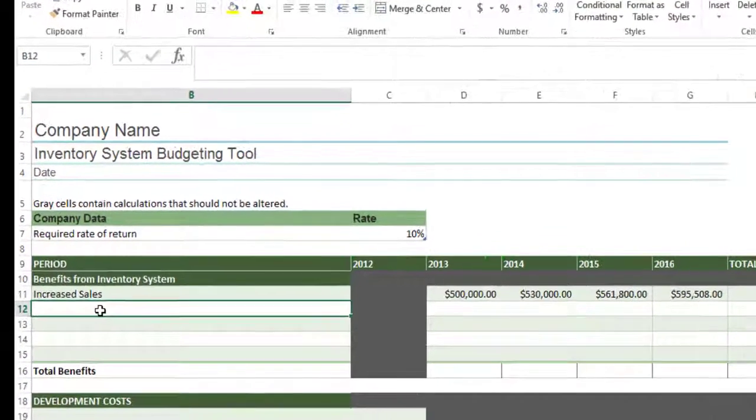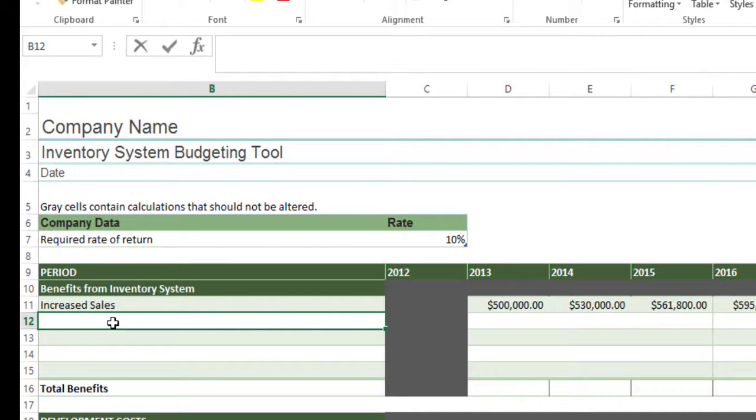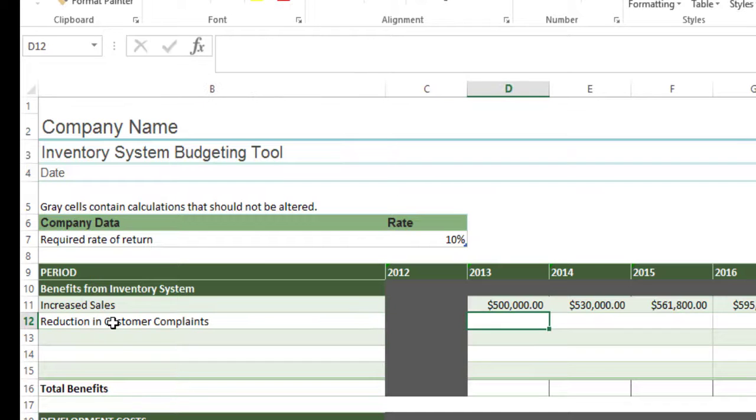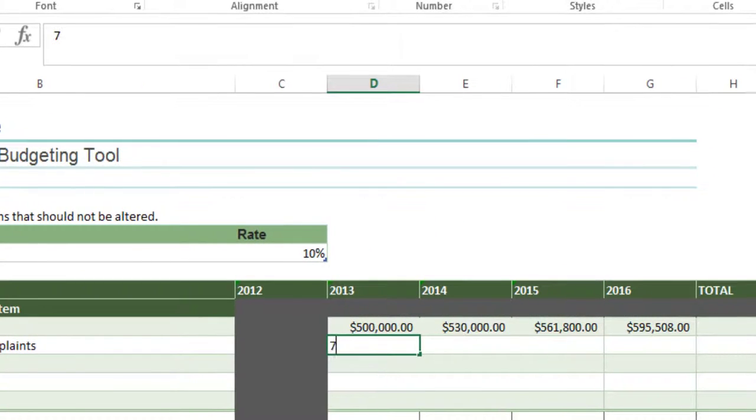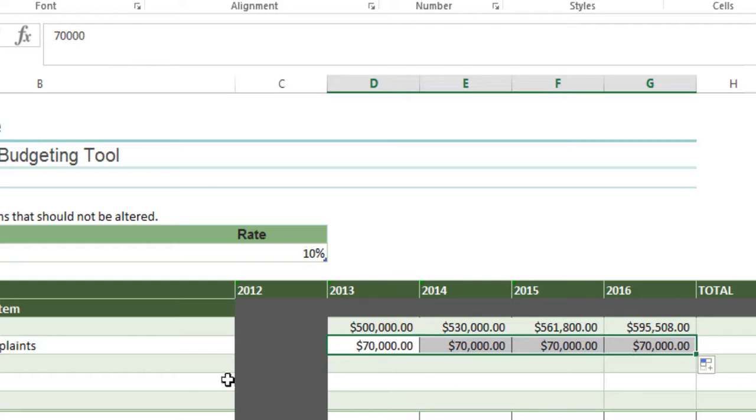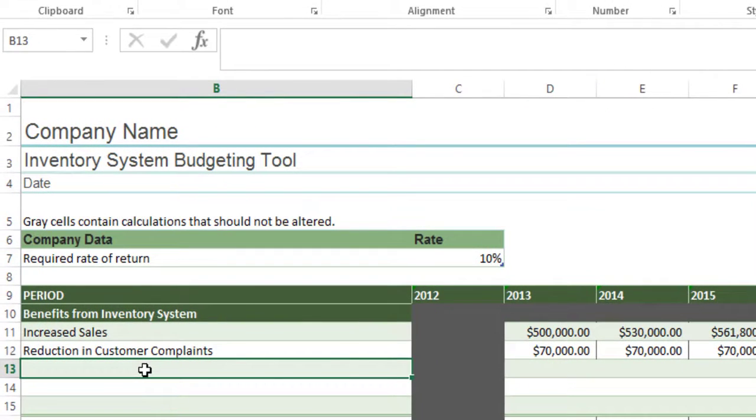The next is reduction in customer complaints. In 2013, that is 70,000. And for that, it's uniform, so we can autofill for the entire 4 years.